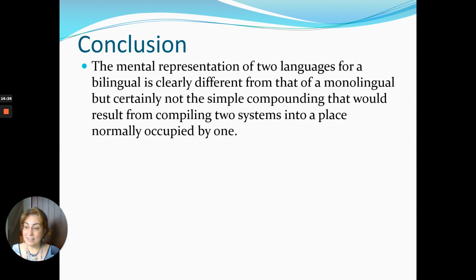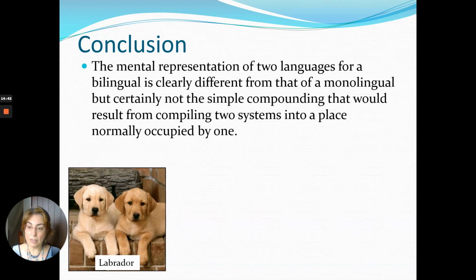Okay, so it's just that there is an extra inhibitory system that is in place, and that switching of attention that is in place, that is actually qualitatively different from what we might encounter in the processing of language and the use of language of a monolingual.